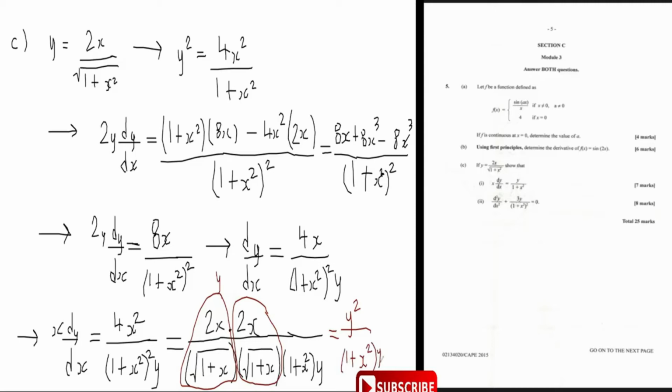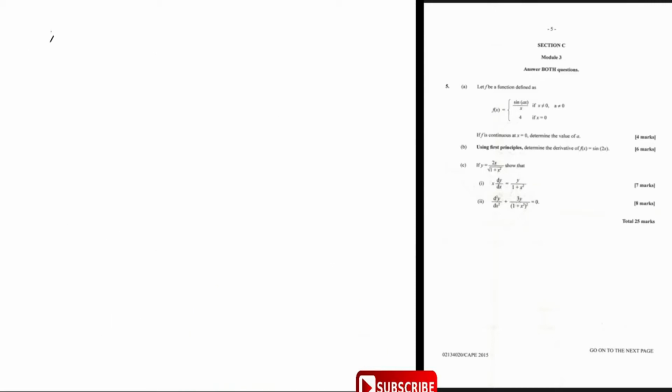So to finish it off, we have that x dy by dx is equal to y squared over 1 plus x squared times y.